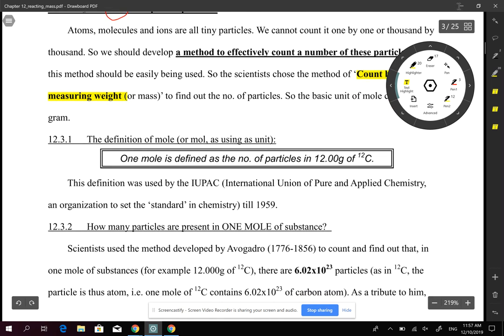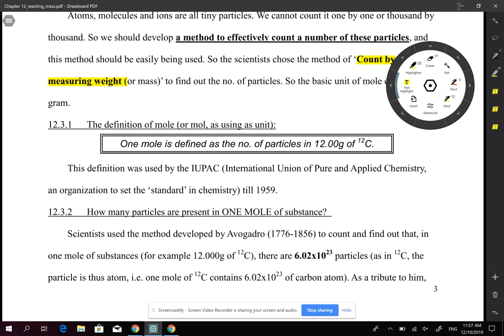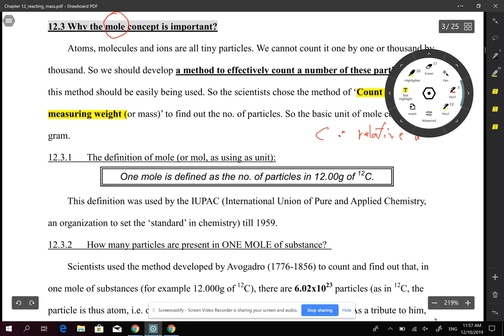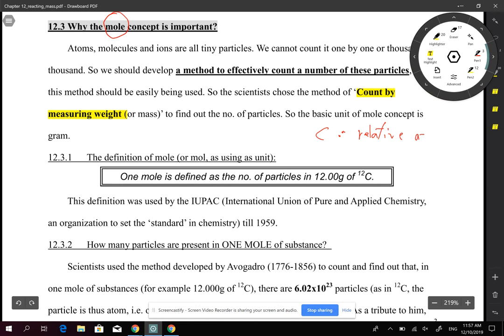And how is the mole formed? It is because we know the relative atomic mass of carbon. Still remember? Carbon, the RAM, the relative atomic mass, equals 12.